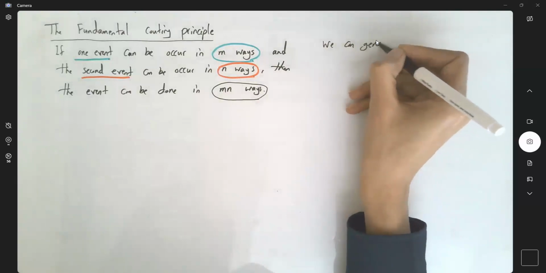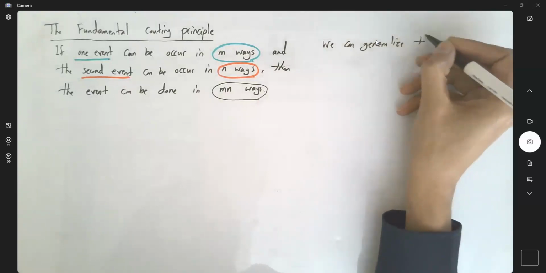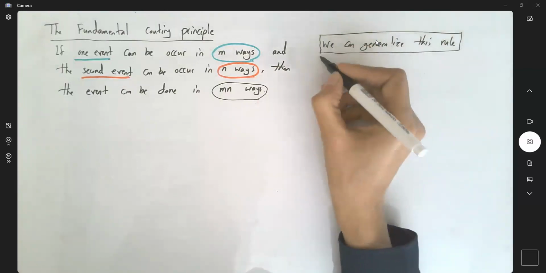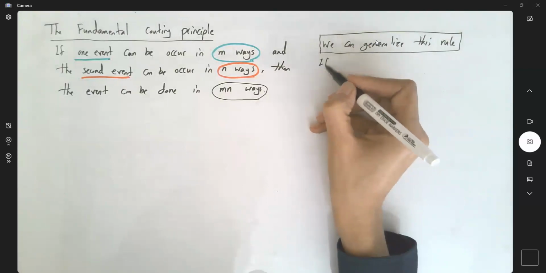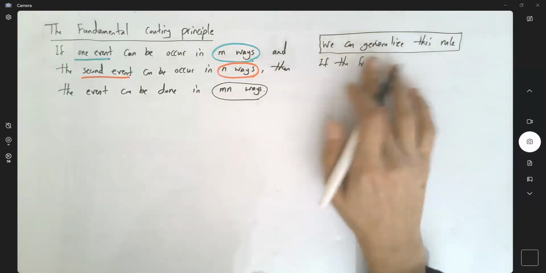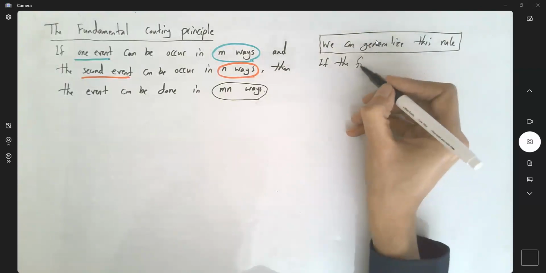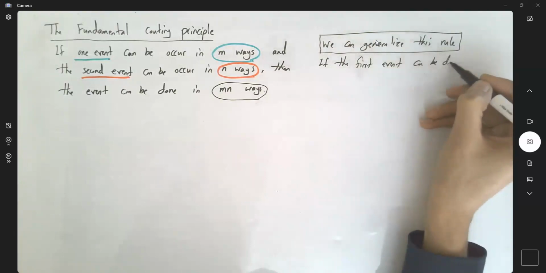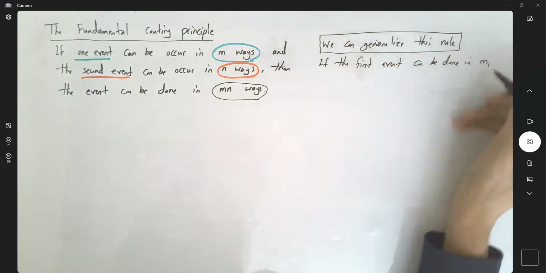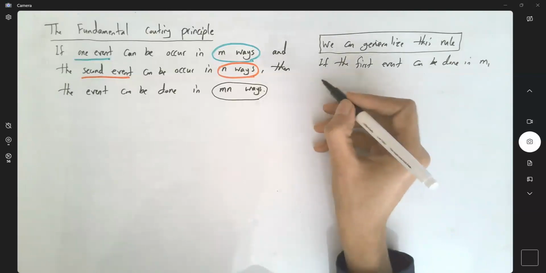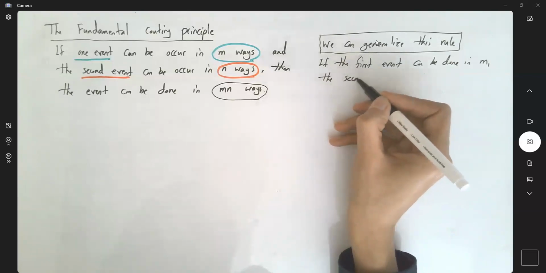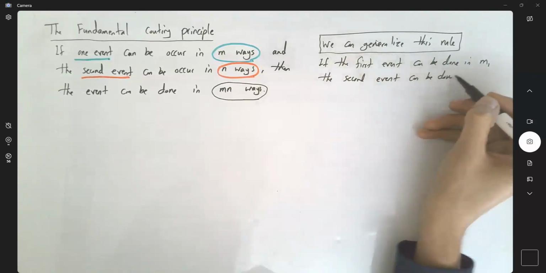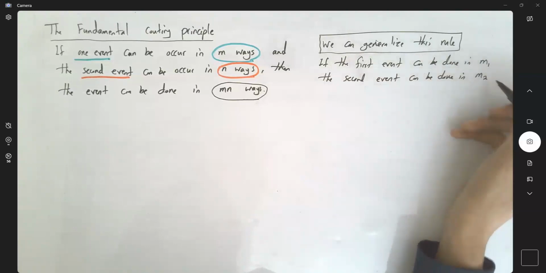You can generalize this rule as well. That's the important part. What's the meaning of that? It means that if the first event can be done in m sub 1 ways, the second event can be done in m sub 2 ways.